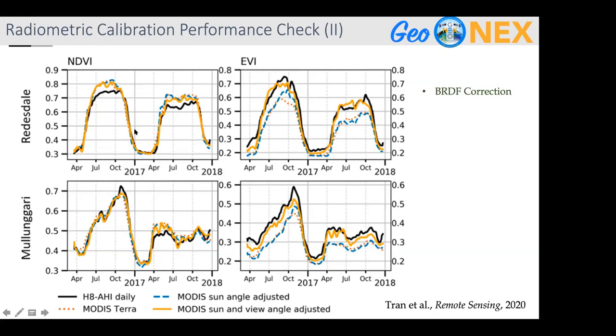NDVI is actually pretty robust to changes in sun and view geometry. Obviously there's some theory behind this, developed by Yuri. There is a paper from around 2000 about that, so if you're interested, you can go find the paper and read.